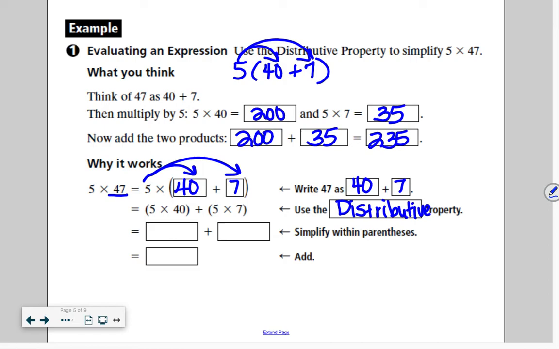What is 5 times 40? 200. And what's 5 times 7? 35. And 200 plus 35 is 235. It's a quick, easy way of multiplying two numbers together.